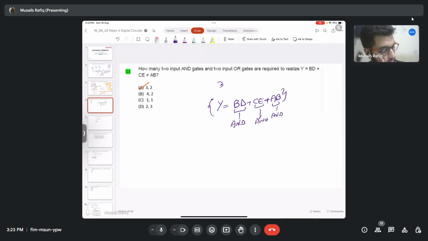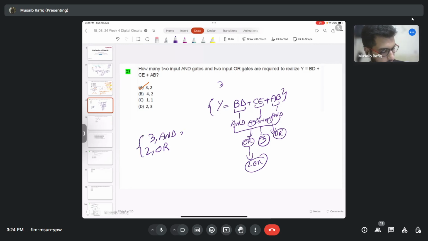So I require three two input AND gates. And then they are ORed, so two OR operations, so I'll require two input OR gates. So my answer is 3 AND and 2 OR, option A.